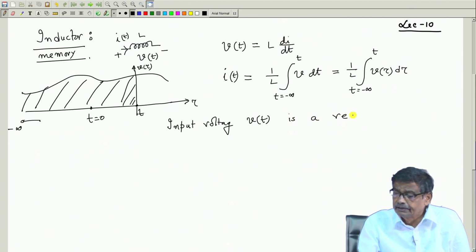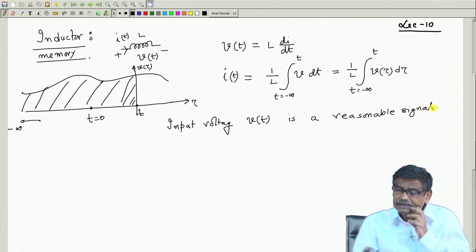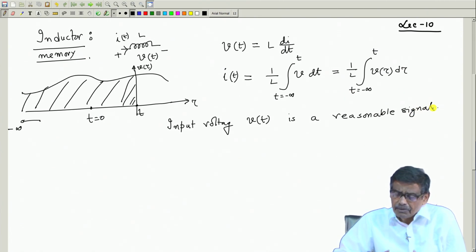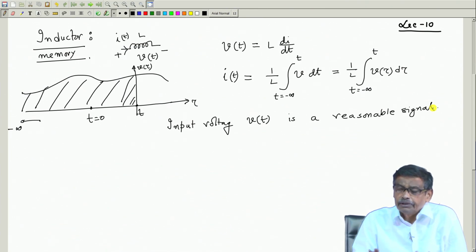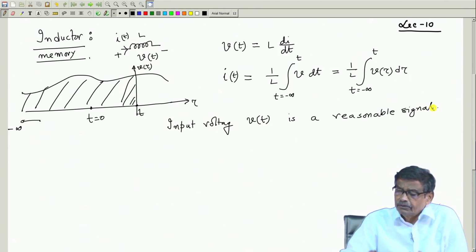Reasonable signal means it is not an impulse function or any such function. It may be exponential, triangular wave, step waveform, sinusoidal, what not.